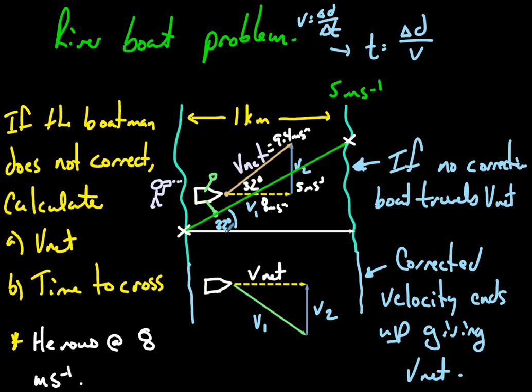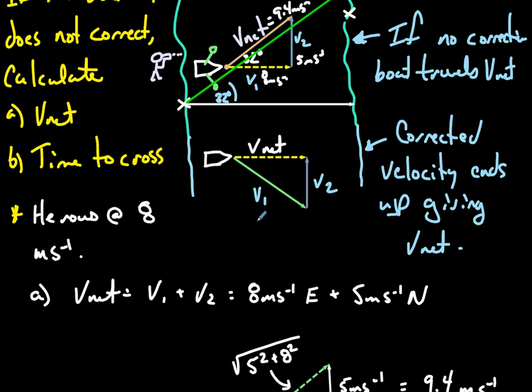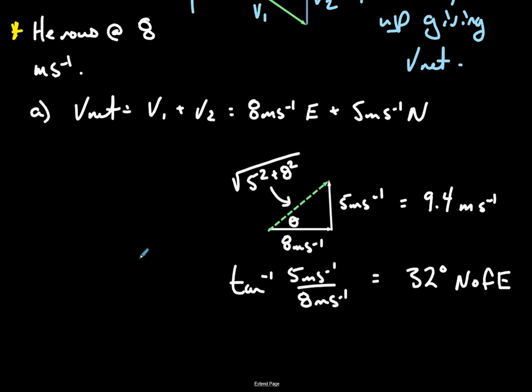So I can either figure out this long displacement here and realize I'm traveling at 9.4 meters per second along it, or, I feel like these two should line up right there, I can just take the 1 kilometer wide and realize that along that vector, I'm traveling at 8 meters per second. Why don't we do it both ways just to prove that it's going to be the same value in the end? Okay, let's do it both ways. Okay, so time way one.